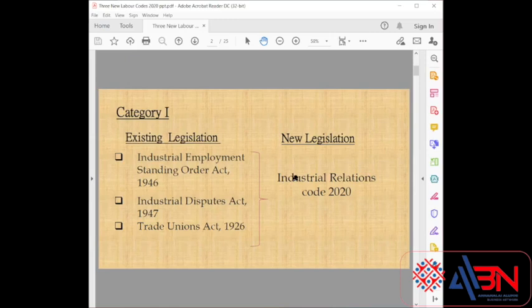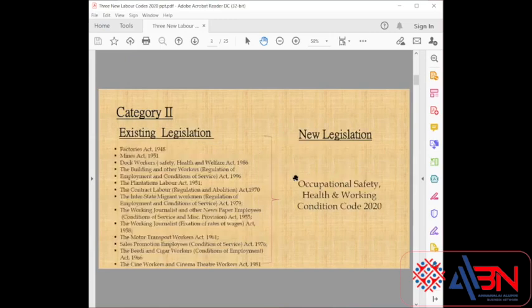labor code. So first is the Industrial Relations Code 2020. Then you have the Occupational Safety, Health and Working Conditions Code. As the name suggests, this will take care of the safety, health and working conditions of the workers and employees.